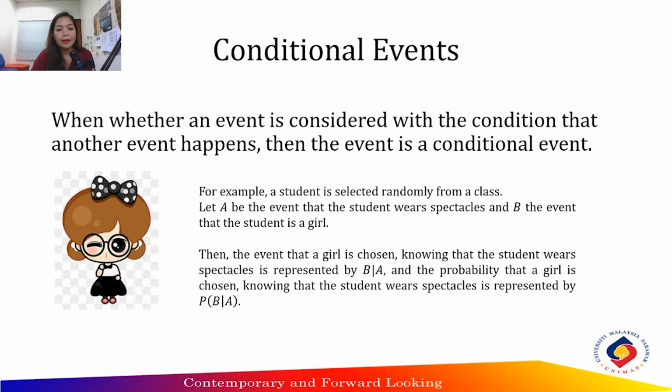Then the event that a girl is chosen, knowing that the student wears spectacles, is represented by B given A. A happened first, followed by B. And the probability that a girl is chosen, knowing that the student wears spectacles, is represented by P(B given A).